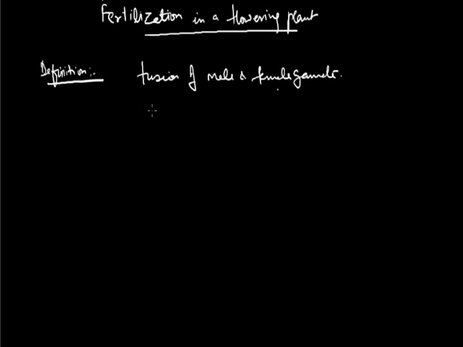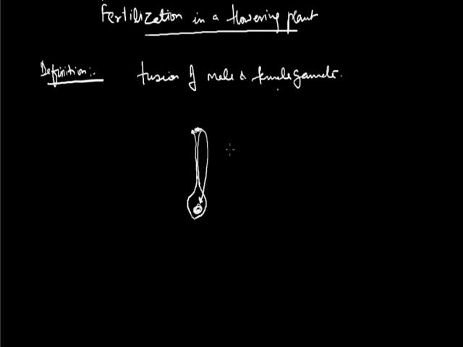Suppose this is the structure of the female reproductive part of the plant, where pollen grains are being put. Now the next step will be the transfer of the gamete from here to here.